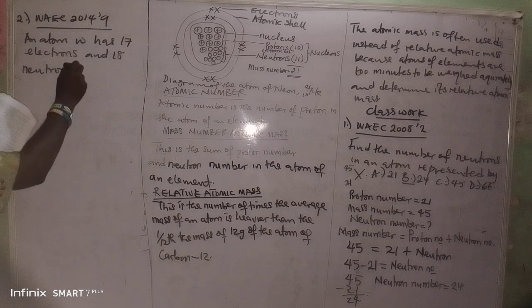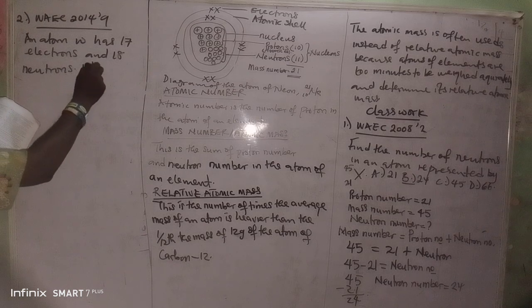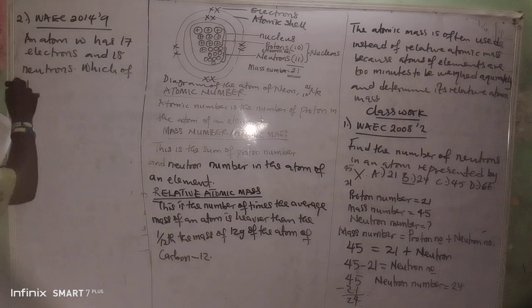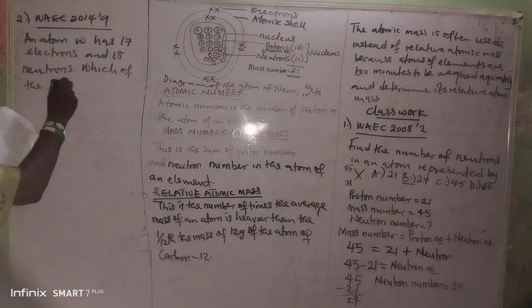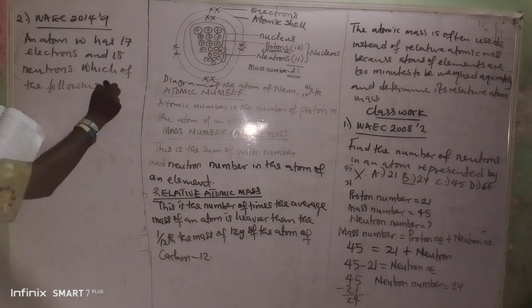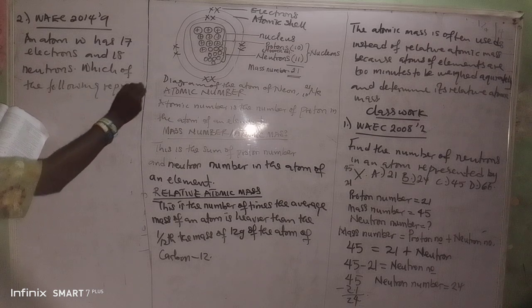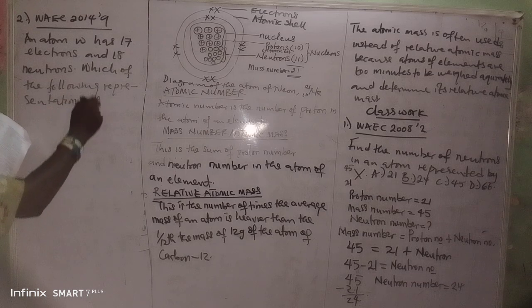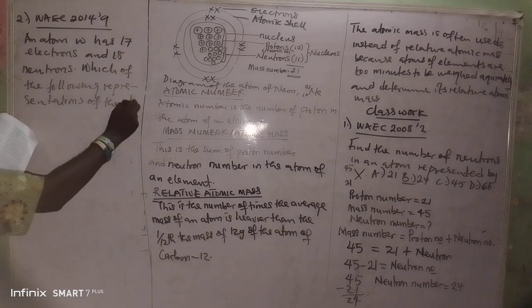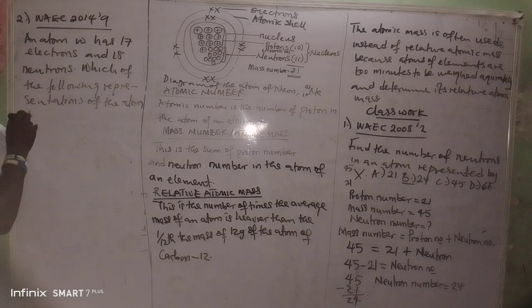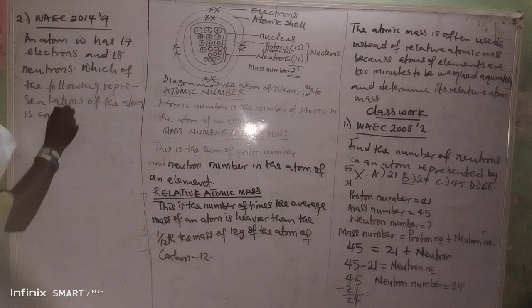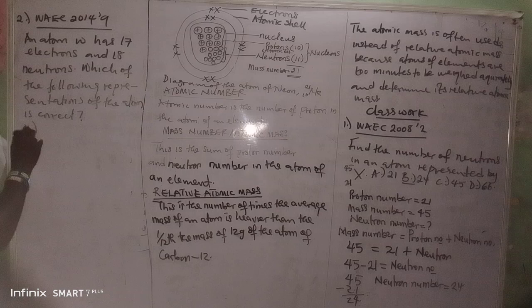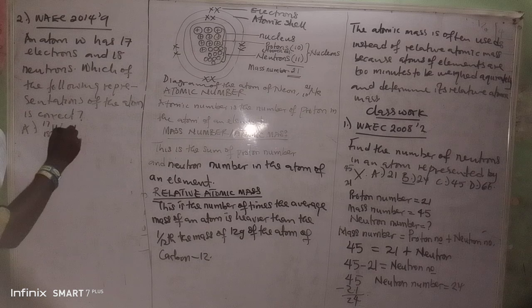Which of the following representations of the atom is correct? Option A, W 17, 18.